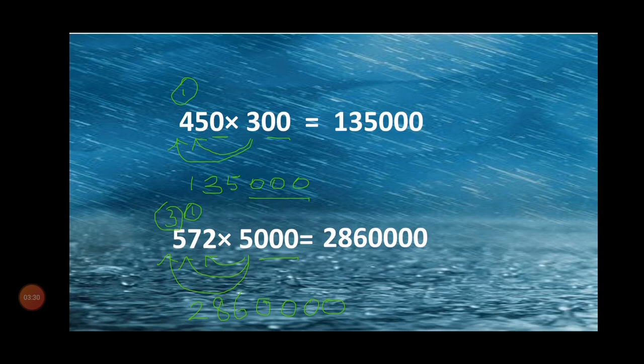I mean the multiplicand has 1 zero and the multiplier has 2 zeros. So keep the 3 zeros separately. Now we multiply 3 and 5. So 3 5s are how much? 15. So write 5 and then write 1 carry above the 4. So 3 4s are how much now? 12. 12 plus 1 carry, how much? 13. So 1 3 5 you get.